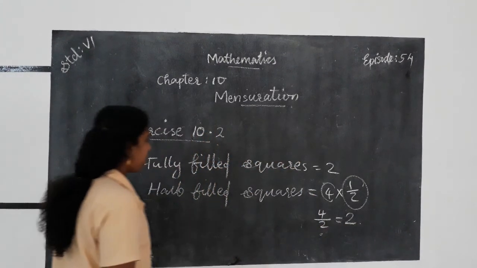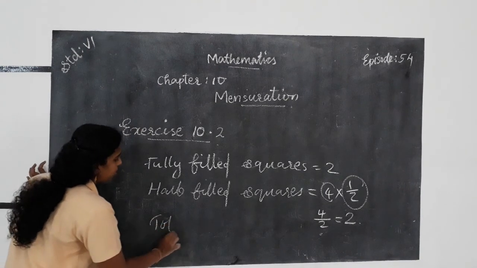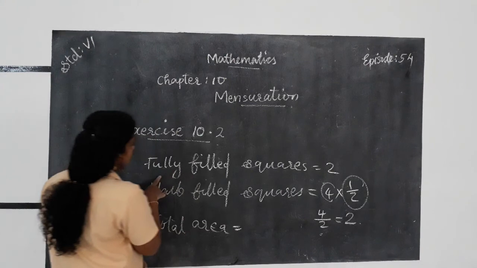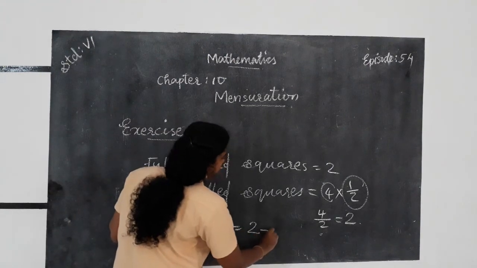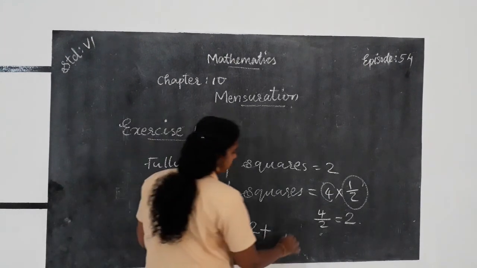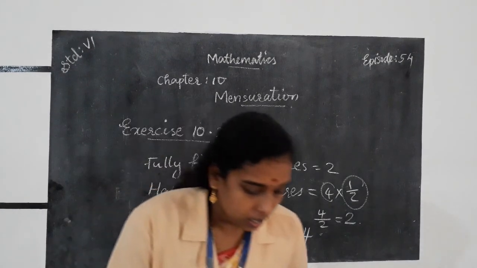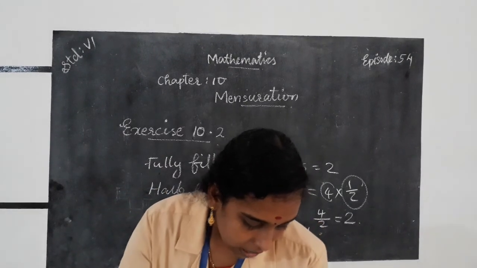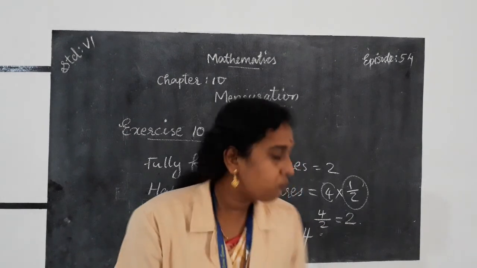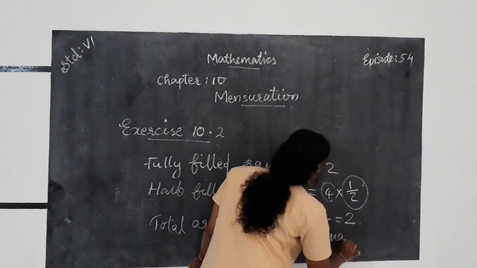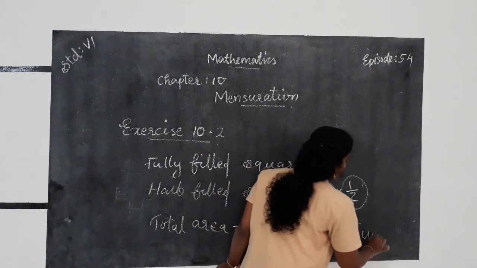So the total area of the given figure is fully filled squares, that is 2, plus half filled squares 2, that's equal to 4. Hence the area of the given figure will be 4 square units.